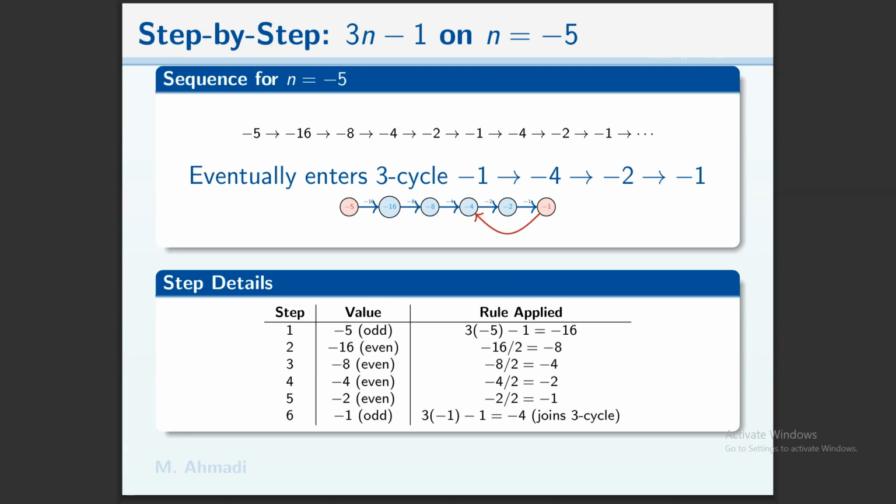Minus 8 is even, go to minus 4. Minus 4 is even, then goes to minus 2. And minus 2 is even, then go to minus 1. Minus 1 is odd, then join the 3 cycle. Here we can see the behavior of 3n minus 1 for n equal to minus 5. After these states, it goes to this cycle, a 3 cycle.